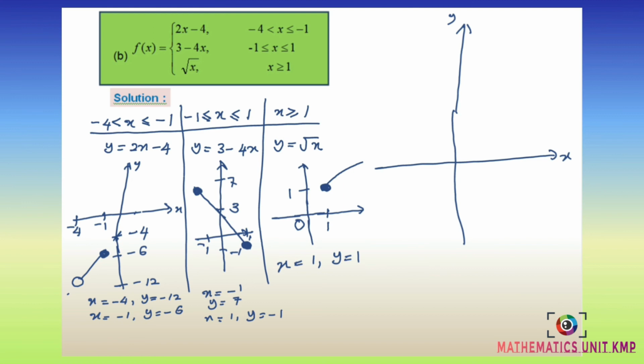The values of x are -4, -1, 0, 1, and the values of y are -12, -6, 1, 3, and 7. For the first graph, from -12 for y to -6.